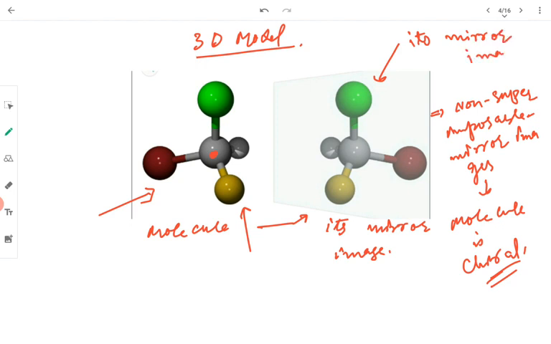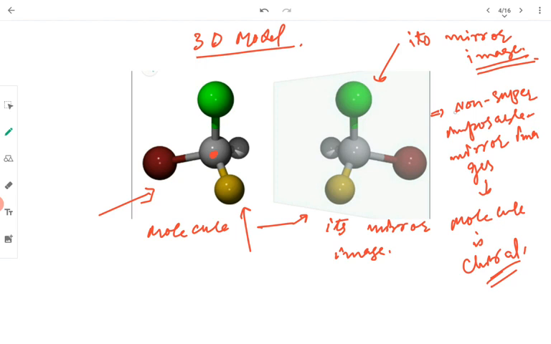So what you have to do is superimpose them. If they are superimposable, then the molecule will be achiral. If they are not superimposable, then the molecule will be chiral. Right? If they are superimposable, the molecule will be achiral. If they are non-superimposable, the molecule will be chiral.